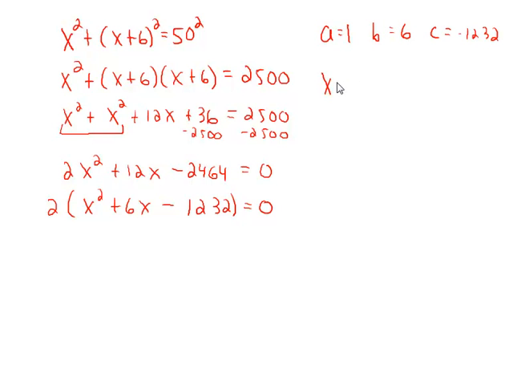So x is equal to the opposite of b, negative 6, plus or minus the square root of b squared, 6 squared, minus 4 times 1 times negative 1,232. And that's all going to be divided by 2 times 1.